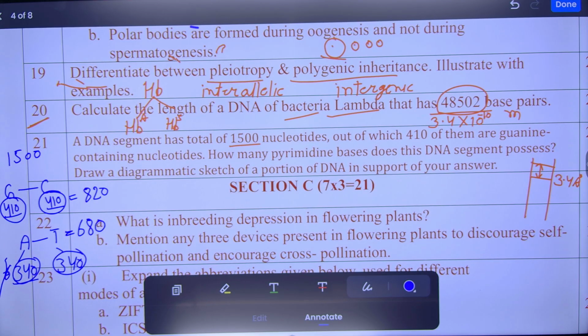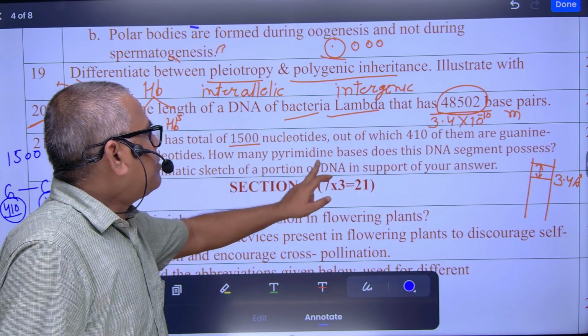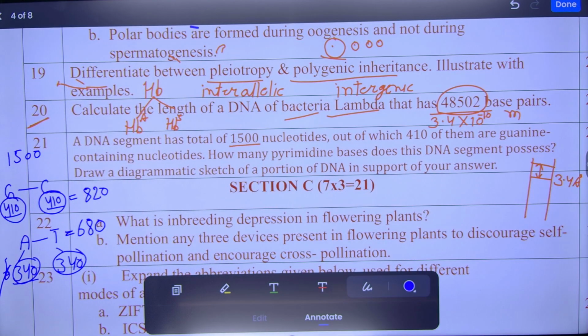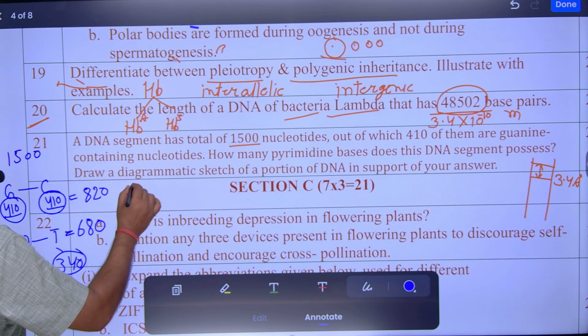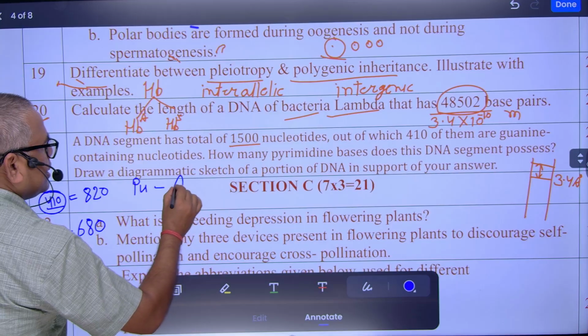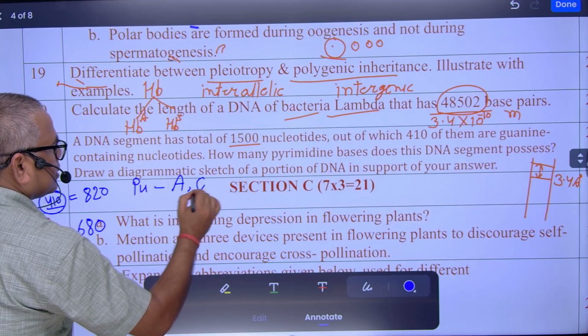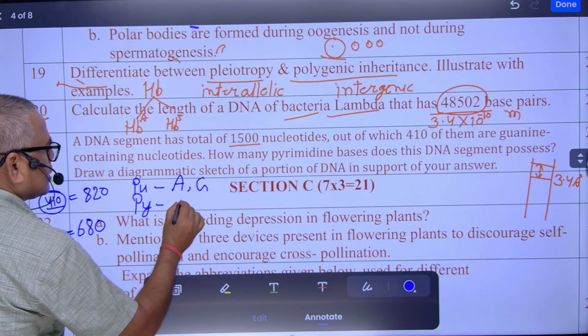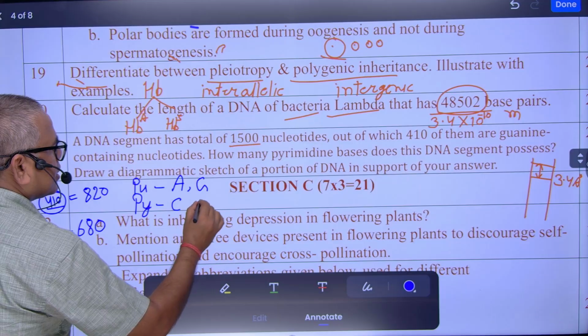Now let's see what the question is. How many pyrimidine bases does this DNA segment possess? You are aware that purine includes adenine and guanine, and pyrimidine includes cytosine and thymine.